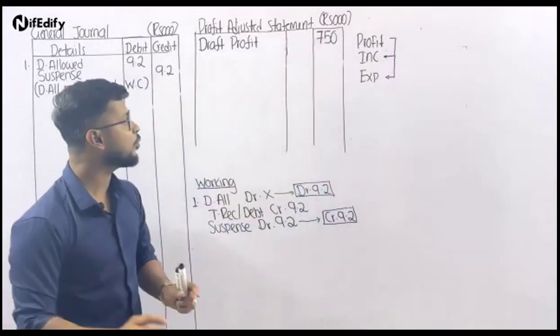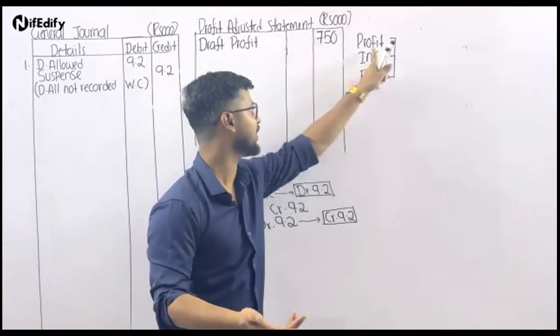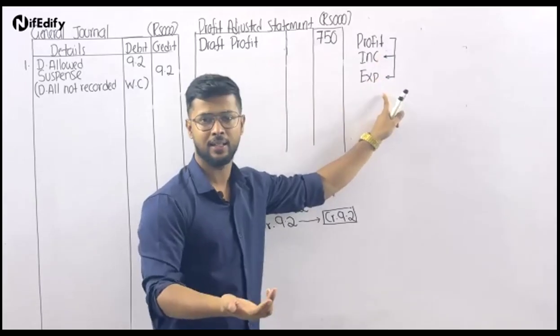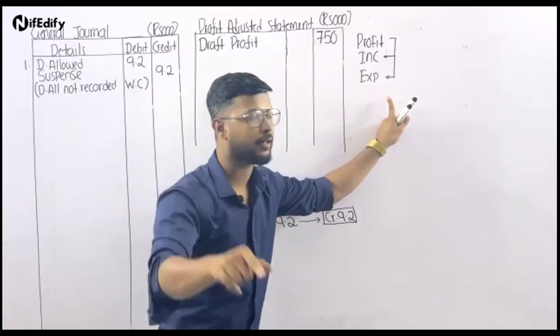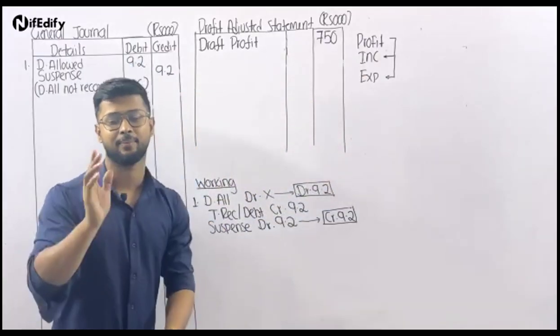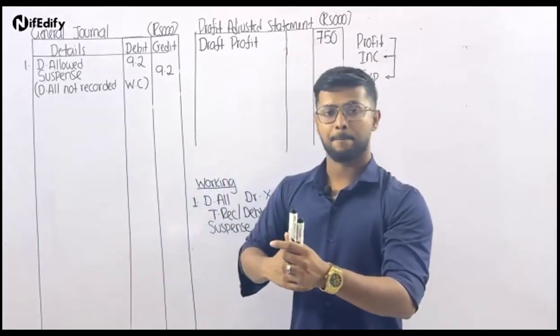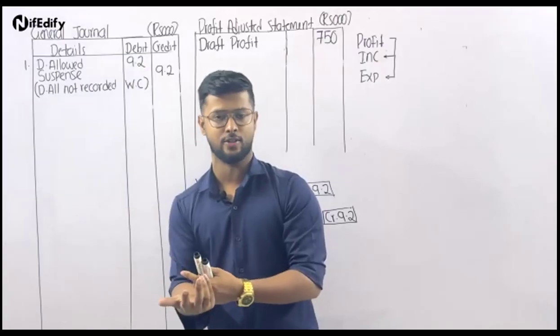What are those tangents? Income and expense. If my income or expense is affected due to an error, then that error must be adjusted. That's basically the clue that we can use to maneuver this particular challenge that we got.